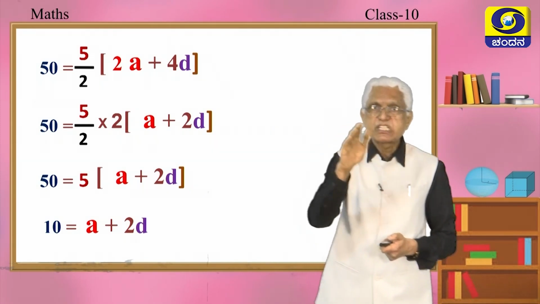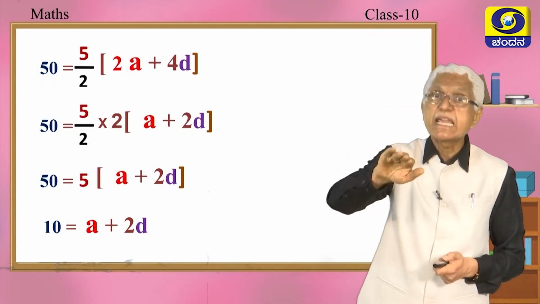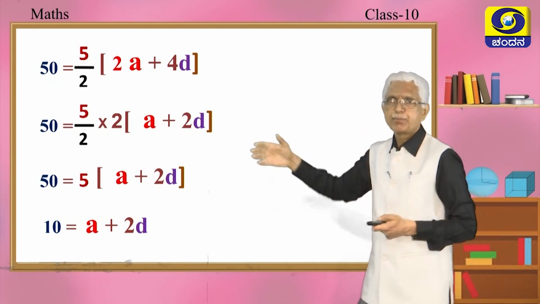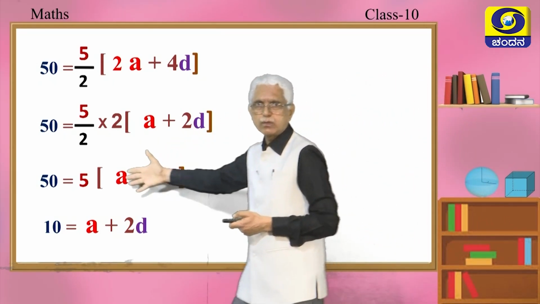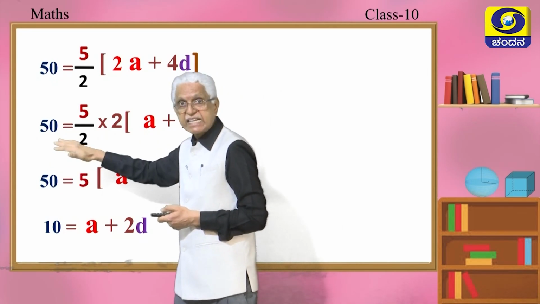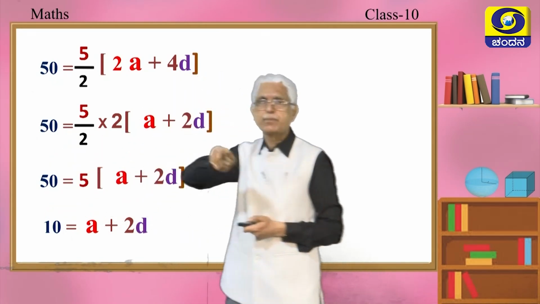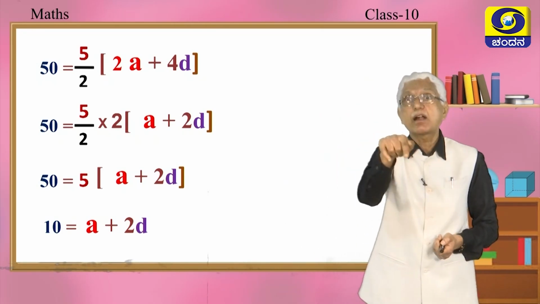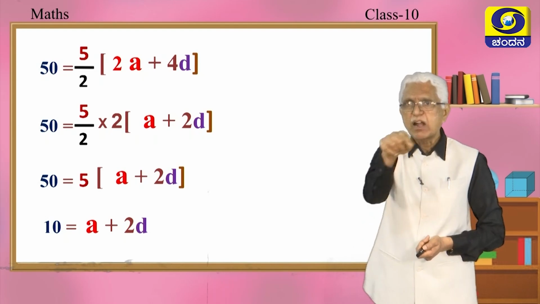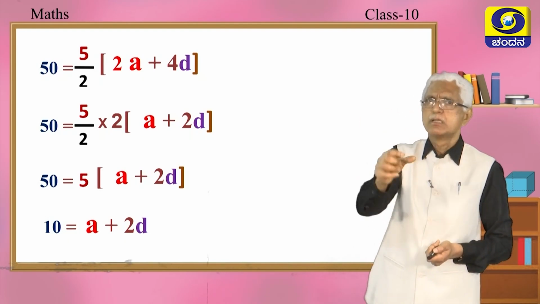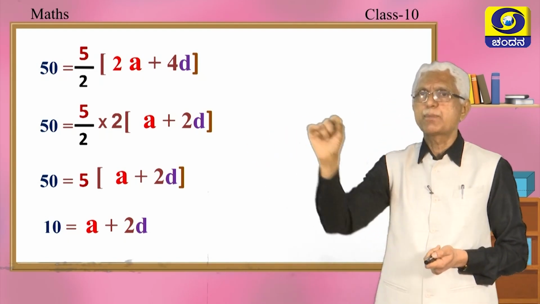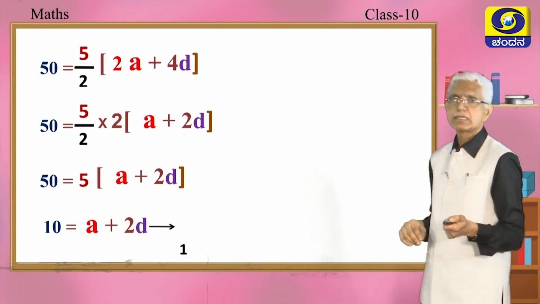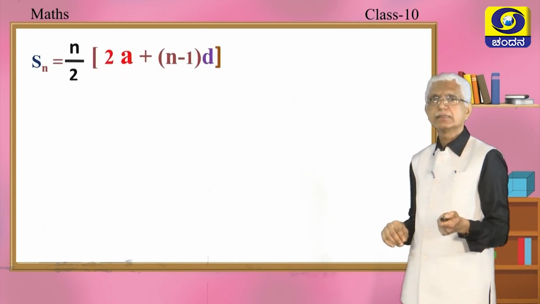So, 10 is equal to A plus 2D, or you can also say A plus 2D is equal to 50 divided by 5. 50 by 5 is 10. So, 10 is equal to A plus 2D. See how they got this equation 10 is equal to A plus 2D using the formula, right. Call this as equation number 1.